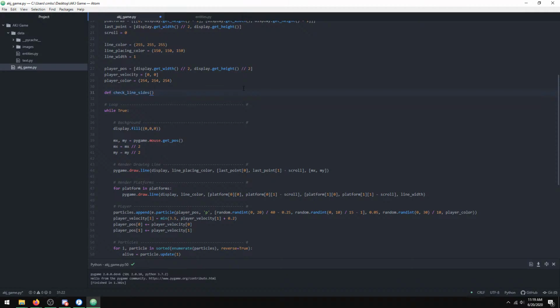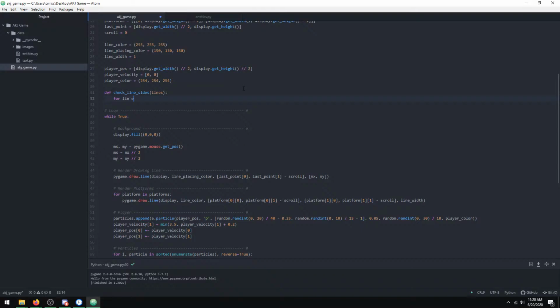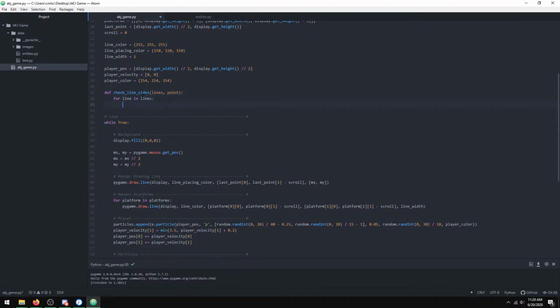Or wait, lines for line, or I need my point in lines. Print. It's going to be the difference of the x on the points.